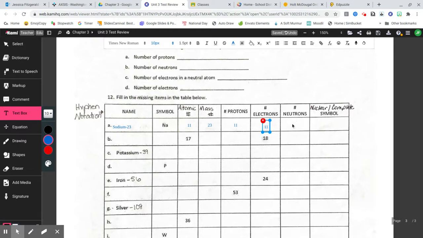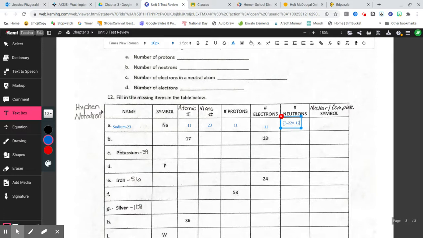Our number of neutrons. Remember, to find your number of neutrons, you're going to take your mass number minus your atomic number. So 23 minus 11 is going to give you your number of neutrons, or 12.